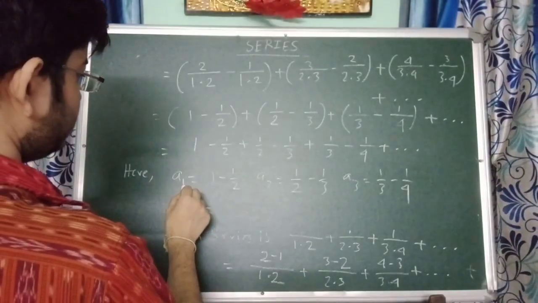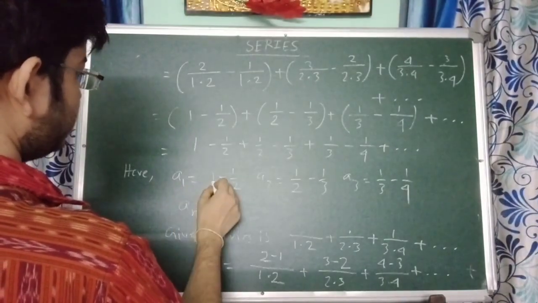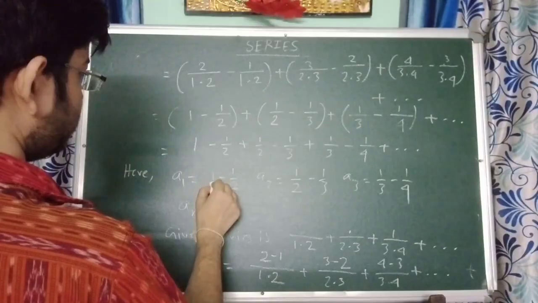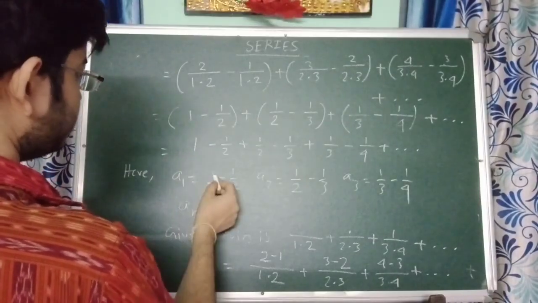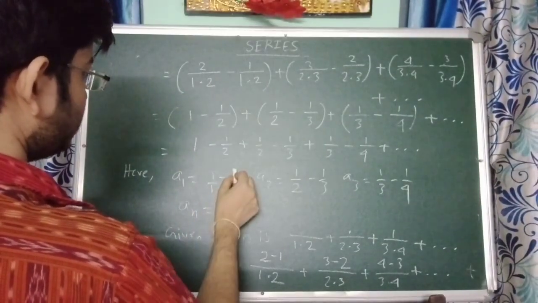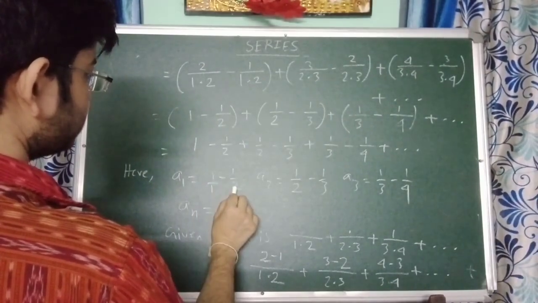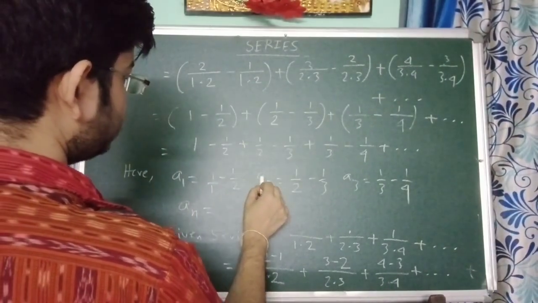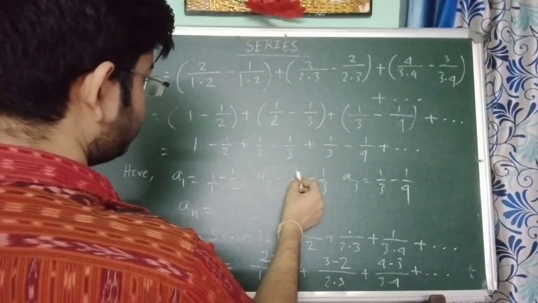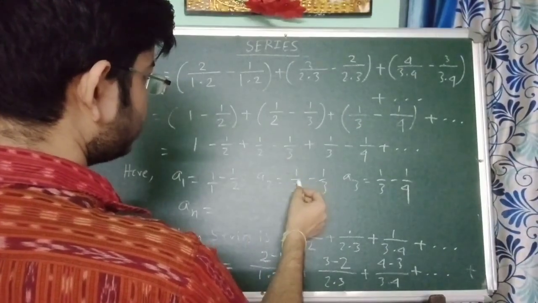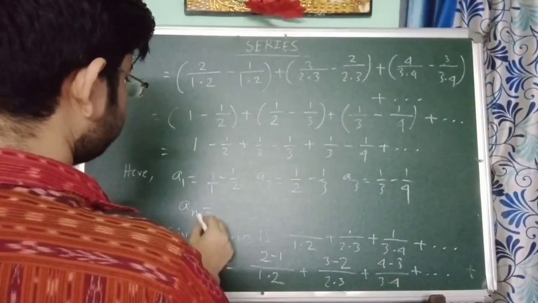When A1, 1 can be written as 1 by 1 minus 1 divided by 1 plus 1, and A2 starts from 1 by 2 minus 1 divided by 2 plus 1.